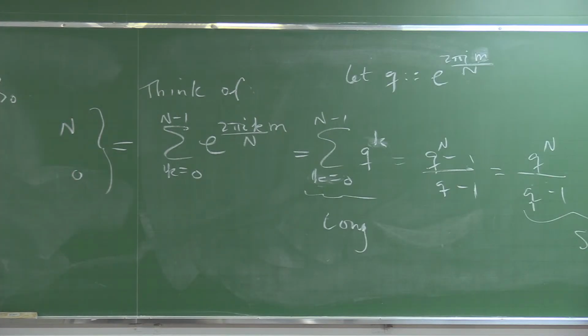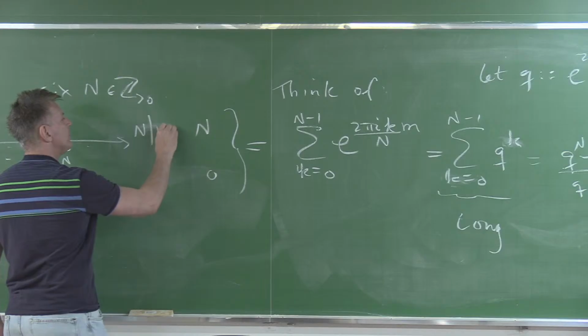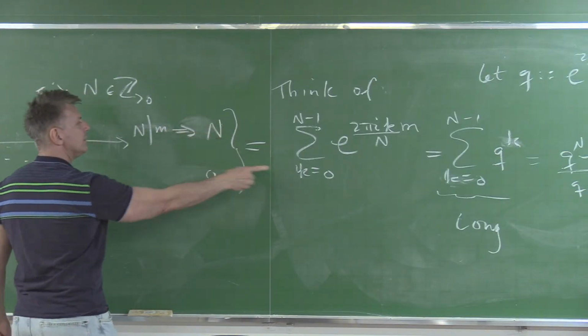When is it equal to n? When m is 0, or, more precisely, when n divides m. So when n divides m, you get n.